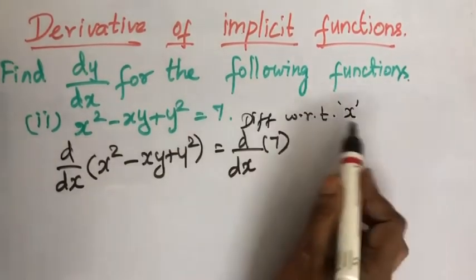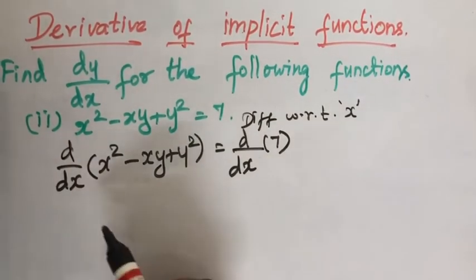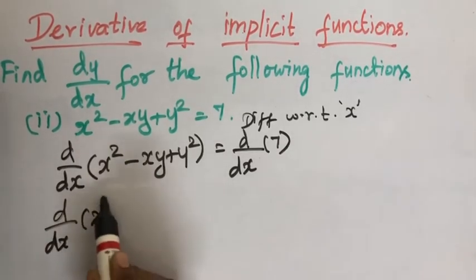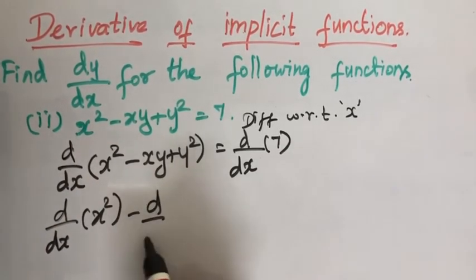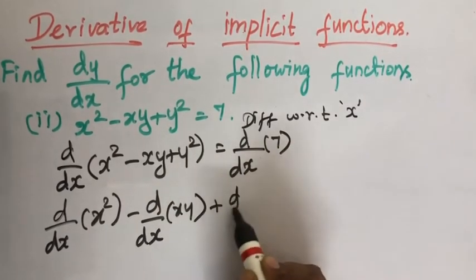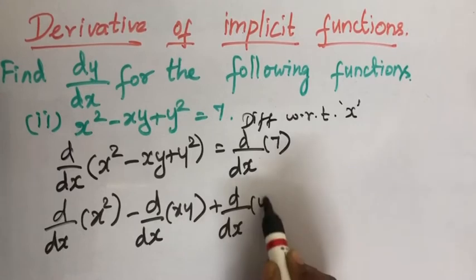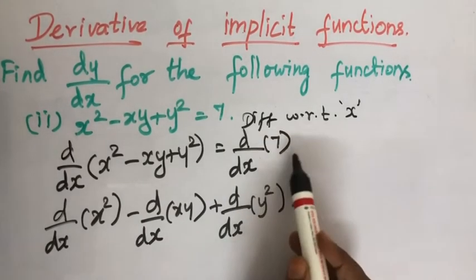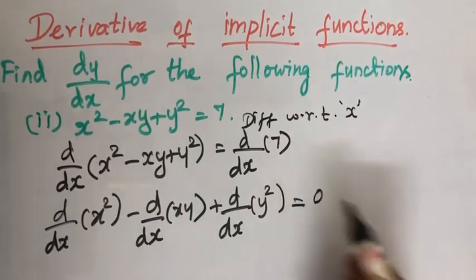So, d by dx of x square minus d by dx of xy plus d by dx of y square is equal to what? d by dx of a constant is equal to 0.